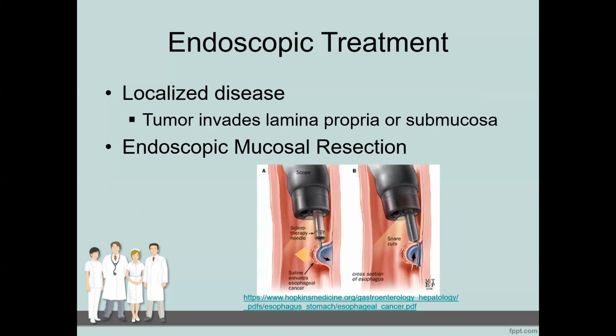This less invasive technique should only be attempted, though, in patients without nodal or distant mets. Tumors are slightly raised but need to be less than 2 centimeters, or the tumor is ulcerated and less than 1 centimeter in size. So for a physician to use this treatment technique, the cancer must be caught very, very early.